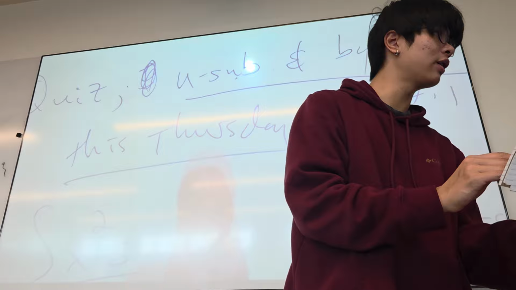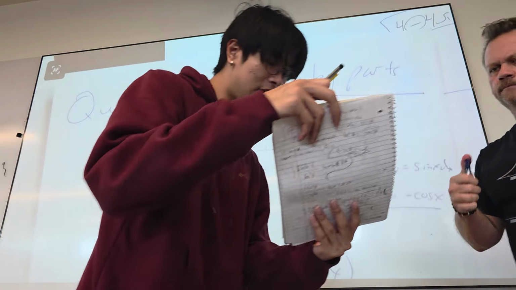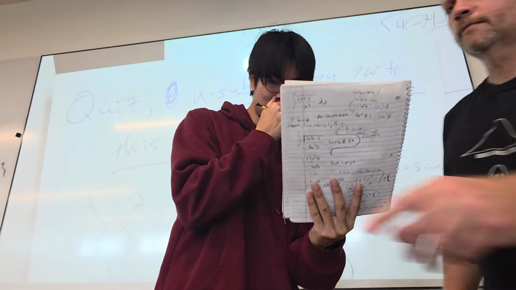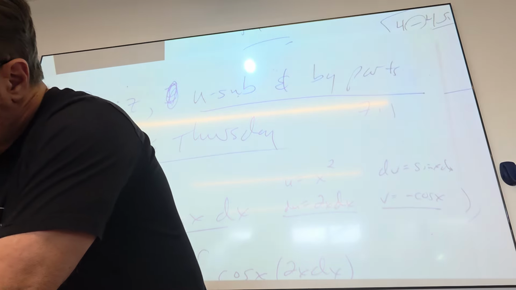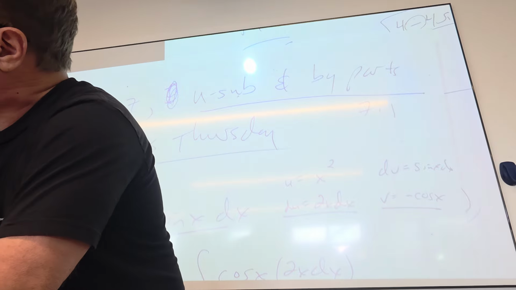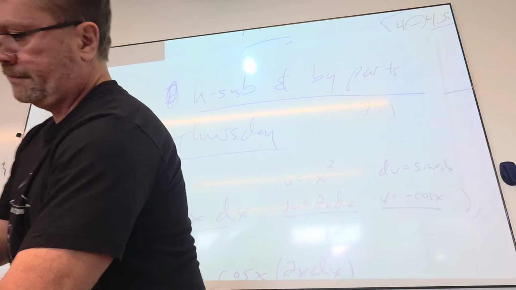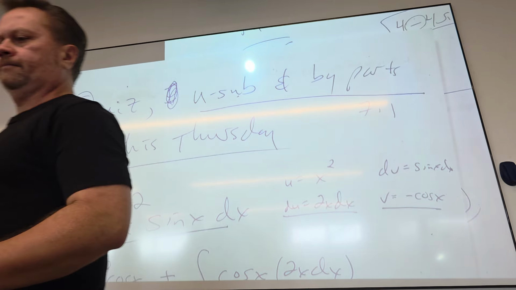Also, I have a question. You got tan squared from this one, right? But I thought I got tan cubed. Can I see your work? So this is tan squared. The square root of tan squared is, oh okay, and then you just get tan squared. Tan cubed would suck.